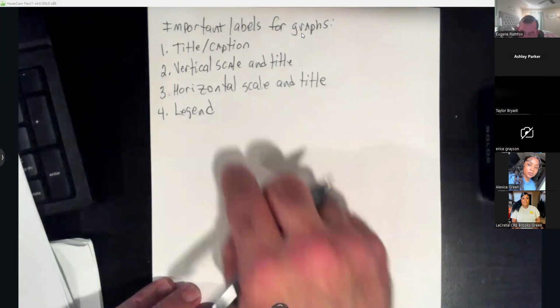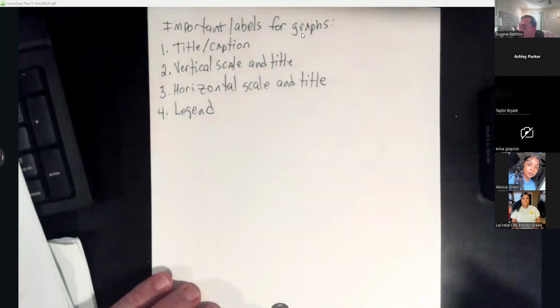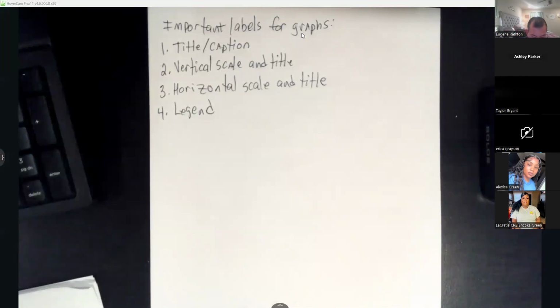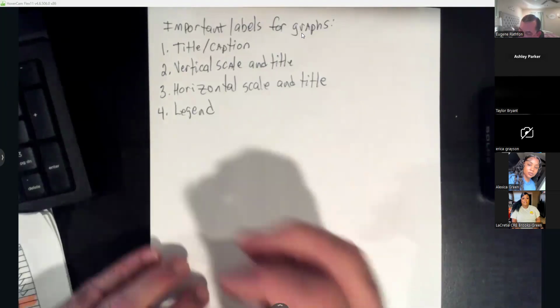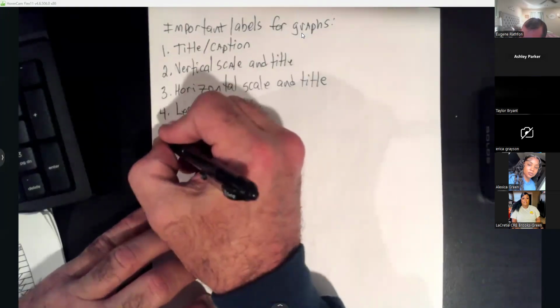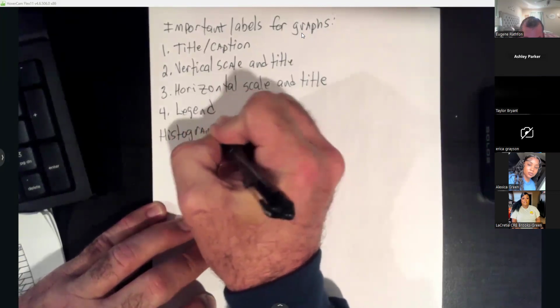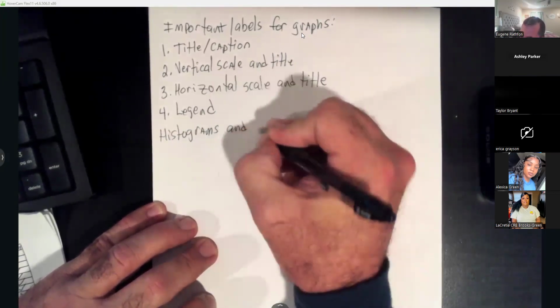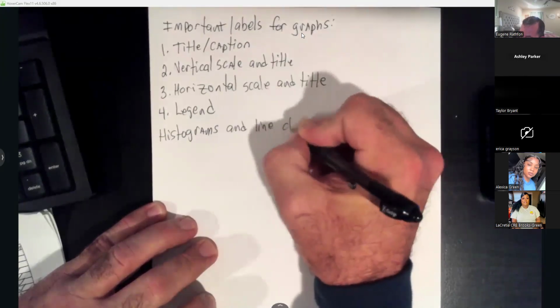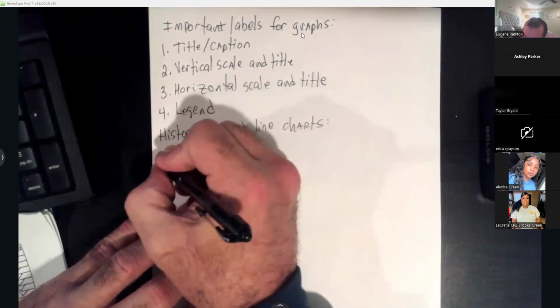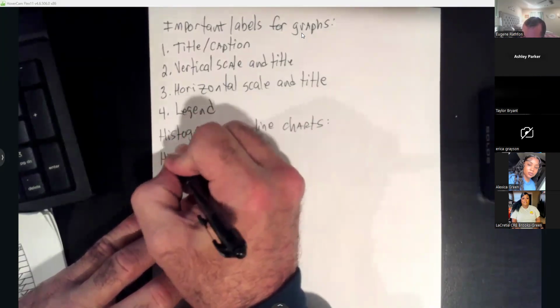Oh, yeah, also, we'll talk about another few types of charts, and then we'll look at that homework, okay? All right, so other types of charts are what we call histograms and line charts. All right, so first the histogram.